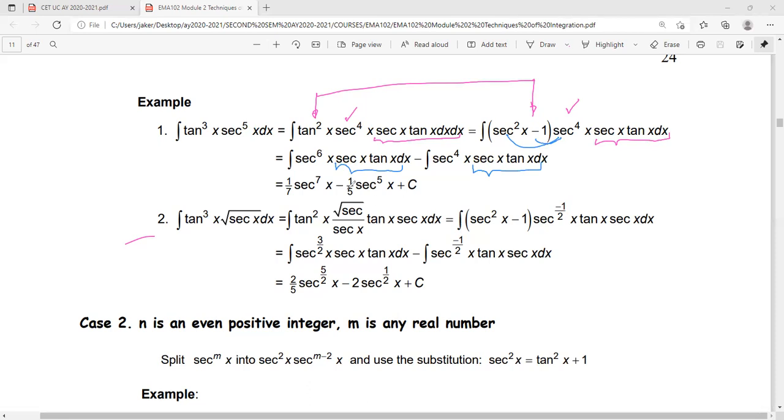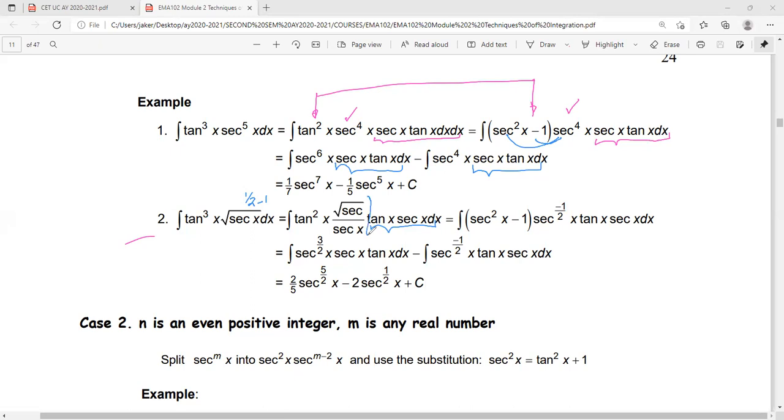Now in here, it's the same thing actually. You take one tangent and take one secant here. It's okay. So you have this tangent secant. Now, since you took one tangent here, that becomes tangent squared. Since you took one secant here, it would be secant of x raised to negative 1/2, because this is 1/2 actually, minus 1, that would be negative 1/2.